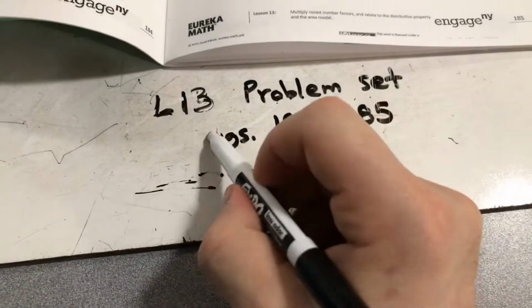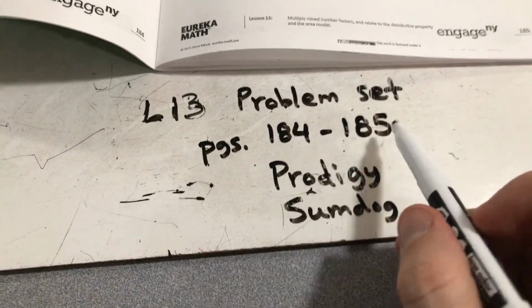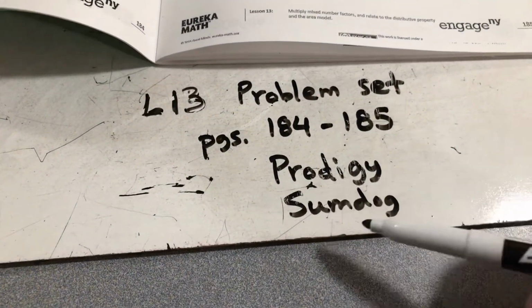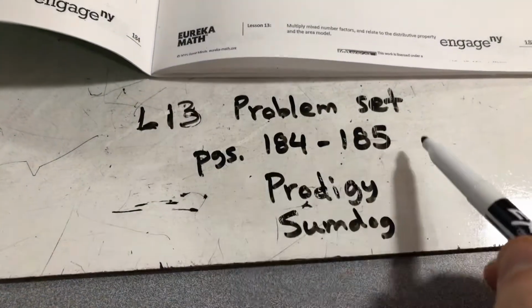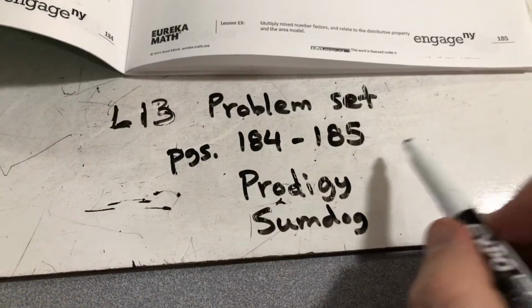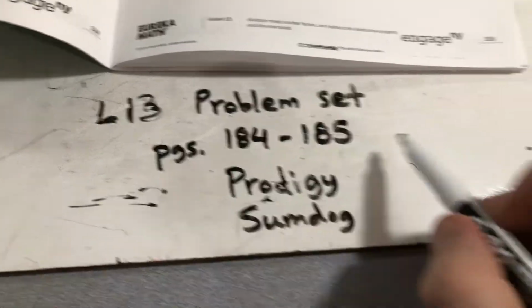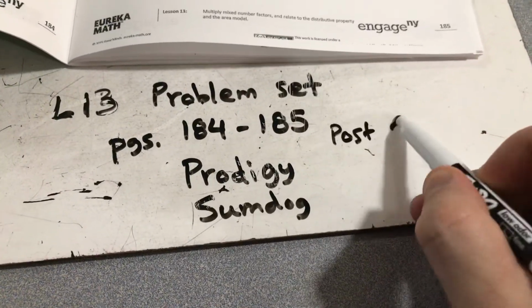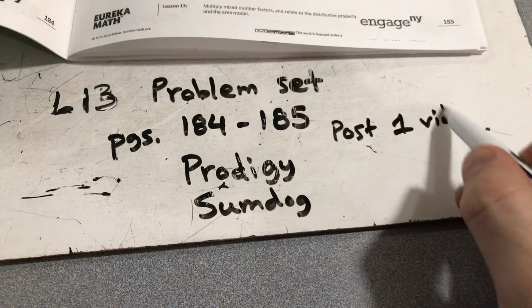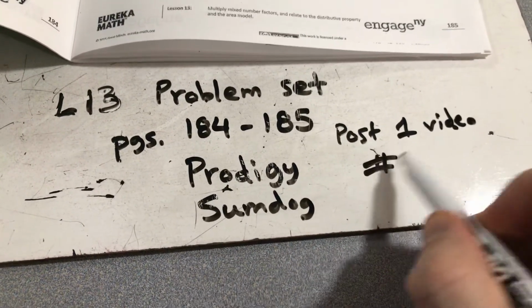Page 184, page 185. When you're done, Prodigy and Sumdog. But of course, even before that, watch my second math video on lesson 13. I will post one more video showing you the answer to number 3.